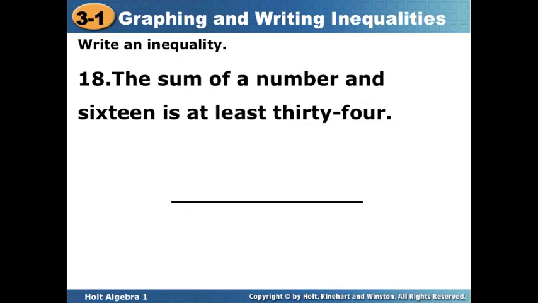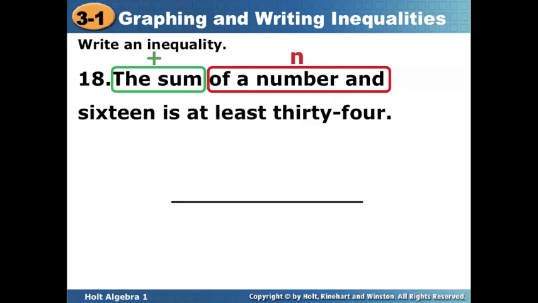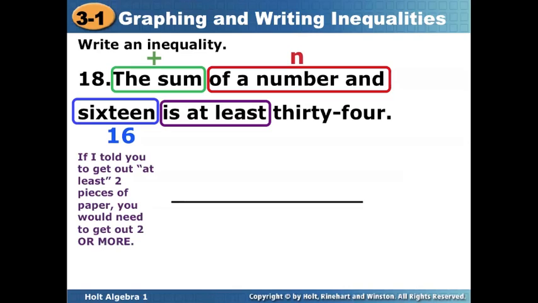Example number 18. The sum of a number and 16 is at least 34. Start off with the sum, so we know I'll have addition, of a number. Use the variable n, and 16 is at least. Think about that. If I told you to get out at least 2 pieces of paper, you would need to get out 2 or more.